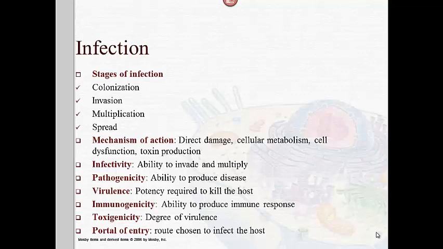Spread is once the microorganism has multiplied and invaded the tissue, it would either be excreted through the urine, the feces, the bile, or the pulmonary tract or the skin.